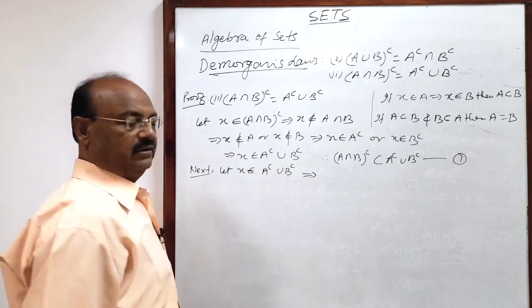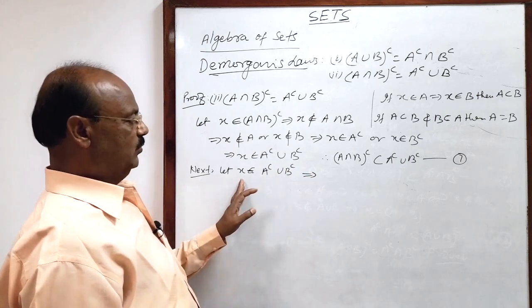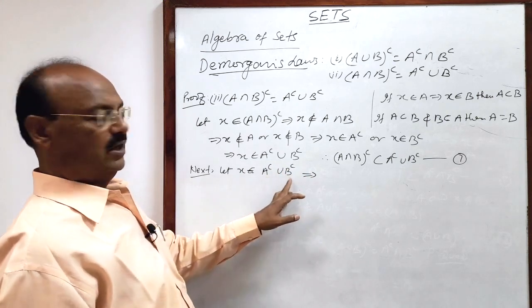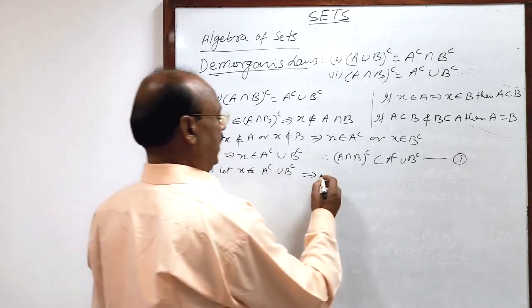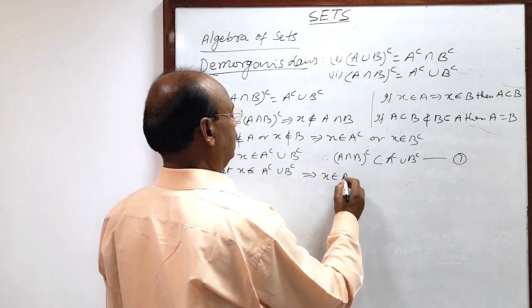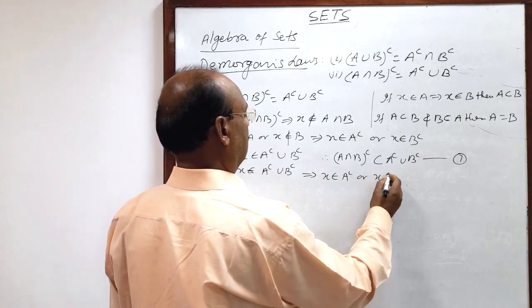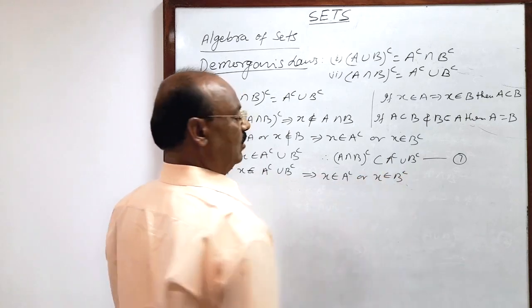This implies that union is here. So X must be either in A complement or in B complement. Then only X will come in the union of these two sets. So this implies that X belongs to A complement or X belongs to B complement.